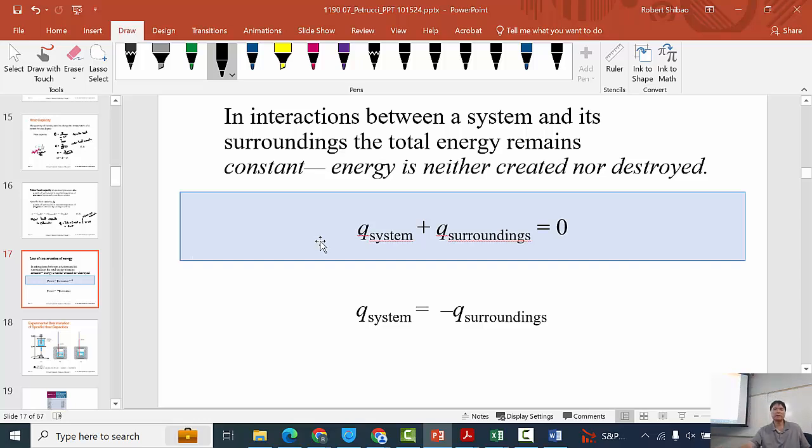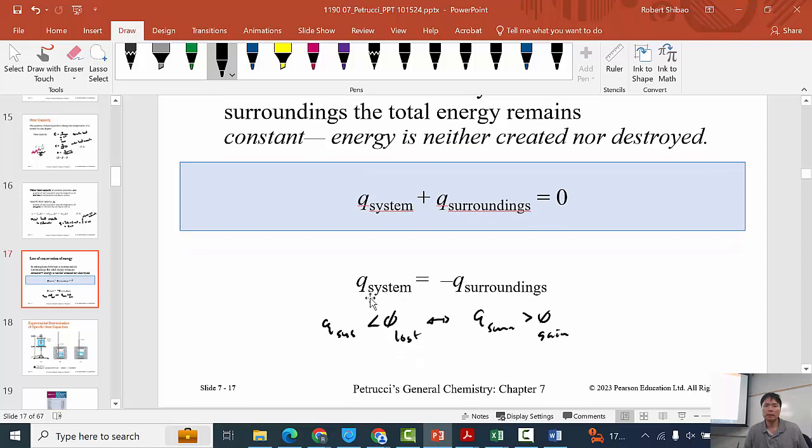We also have the sign convention. So Q of the system is less than 0. That means heat was lost. If it's negative, it means it's lost. That means Q of the surroundings must be greater than 0. That means the surroundings must gain. If Q of the system is greater than 0, that means heat was gained.